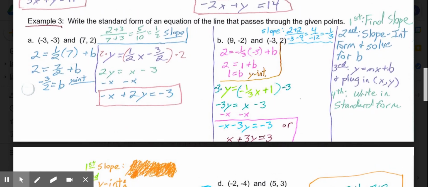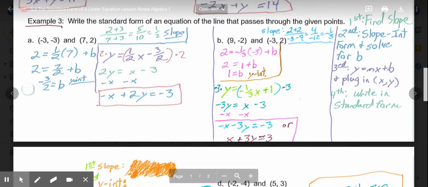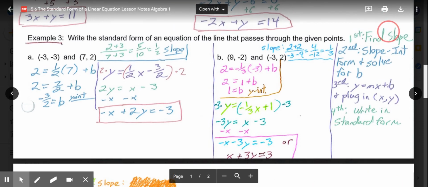Example 3 says write the standard form of an equation of a line that passes through the given points. So now they gave us 2 points. So in this case, if they give you 2 points, we have 4 steps to go through. The first step is to take the 2 points and find your slope.